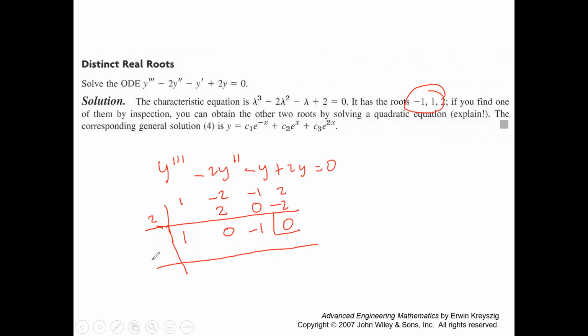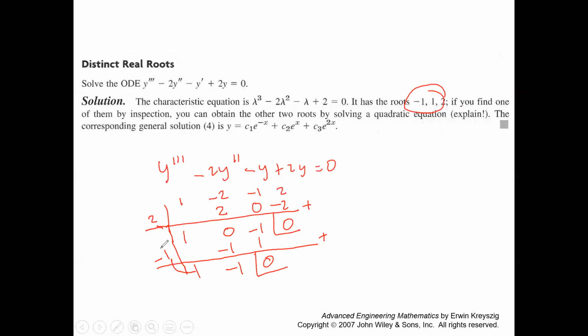And then you can go back over here. We have 1, 0, minus 1. The 1 drops down to 1, and then you multiply it with this, so it's 1, and then you add them. So 0 plus 1 is 1, and then 1 times 1 equals 1, and minus 1 plus 1 will become 0 too.